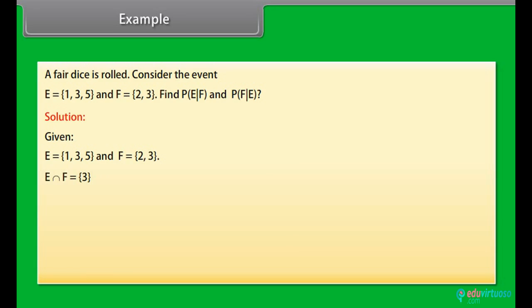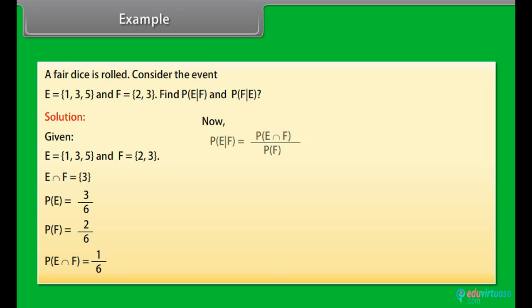E intersection F is equal to {3}. Probability of event E is equal to 3 by 6. Probability of event F is equal to 2 by 6. Probability of E intersection F is equal to 1 by 6.